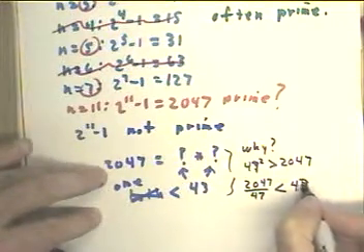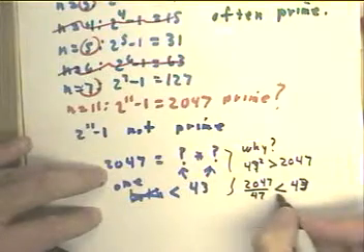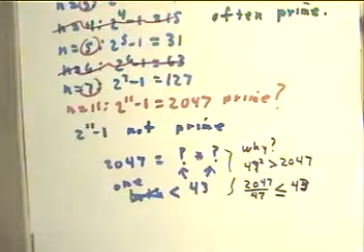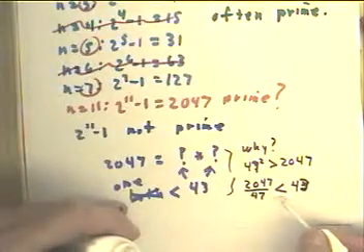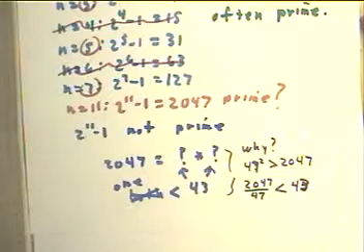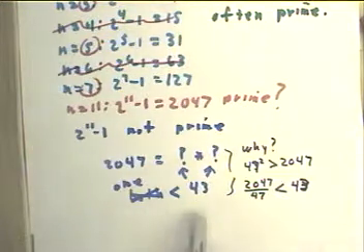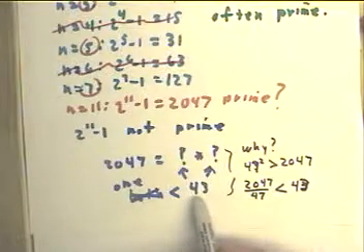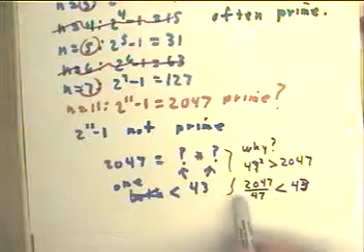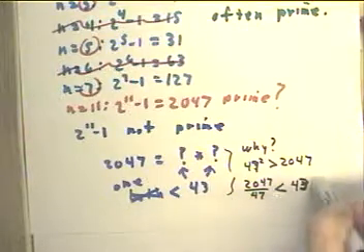This would have to be less than 43, actually. And it's not equal. It's just plain less than. So the point is that if you divide your 2047 by 43, you get something less than 43.